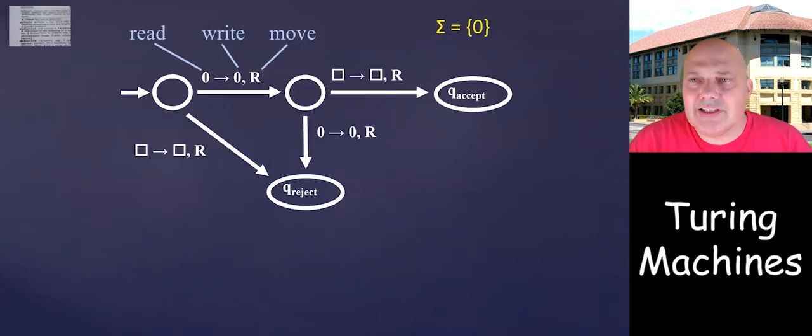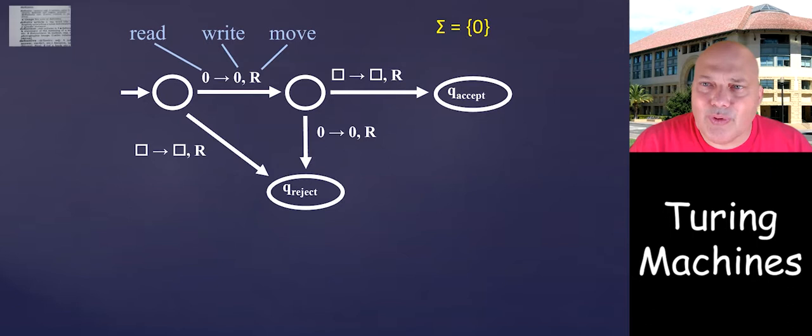So we can still define and characterize a Turing machine as a graph, just like we did with the DFA, with a little bit more labeling on the edges of the graph. So the nodes would still capture the different states.